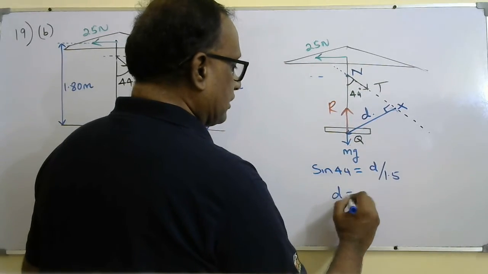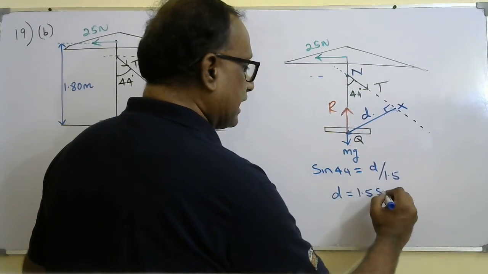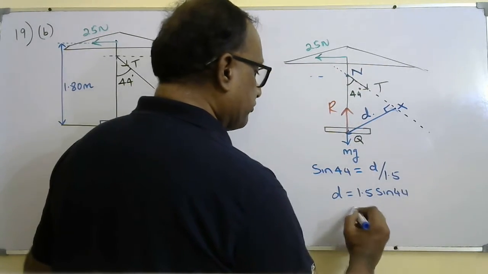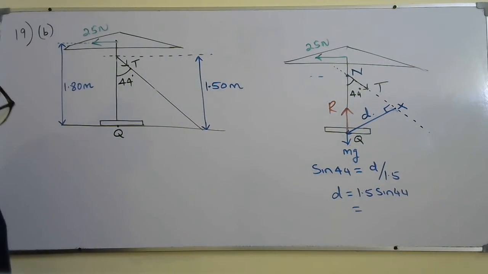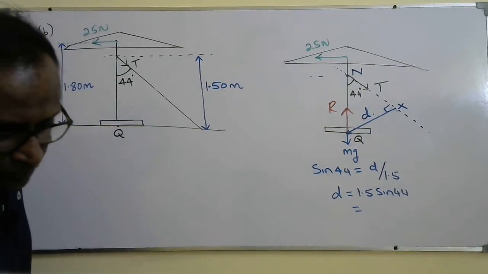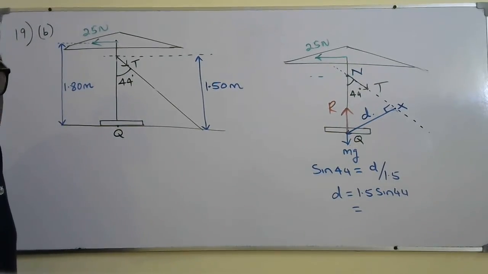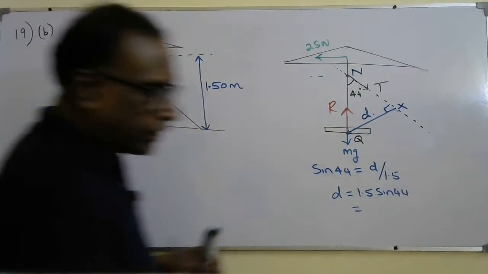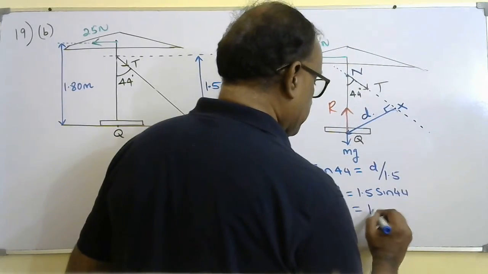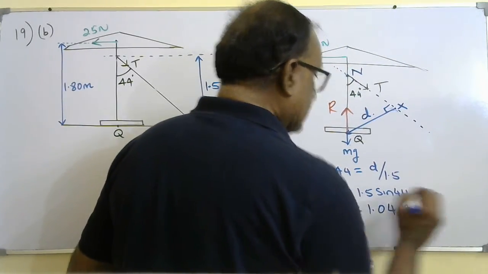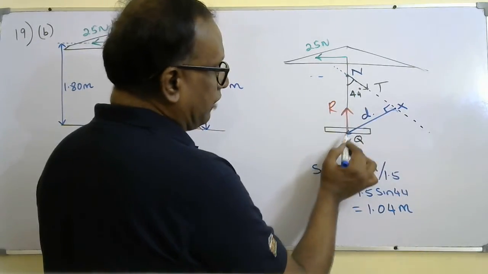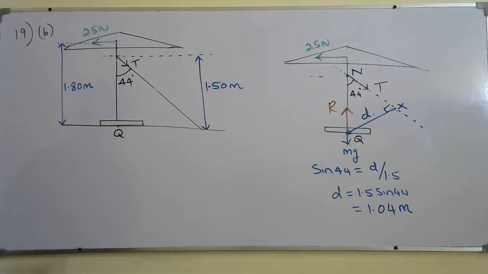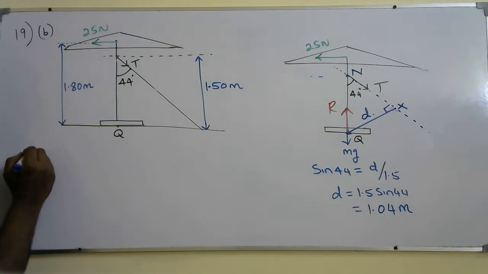So D is equal to 1.5 sine 44. That perpendicular distance will be 1.04 meter. That's the perpendicular distance to the line of action of T from the pivot. Okay, so now we'll consider a moment about Q.